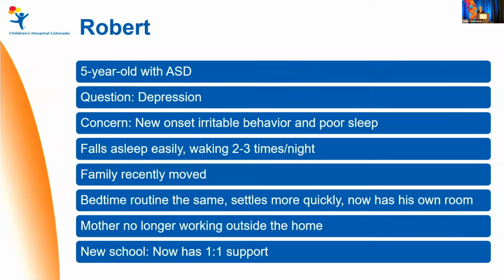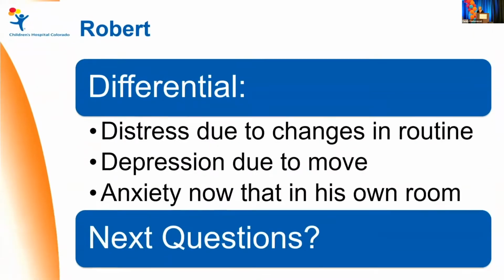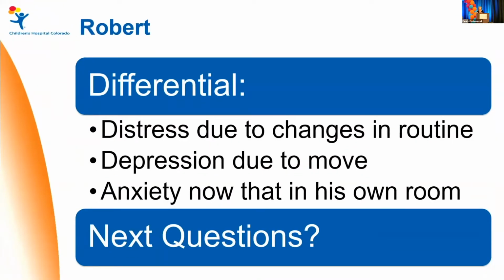It's actually a really good school where he has more one-to-one, but he's really had this new onset of being really irritable and having trouble sleeping, which could actually be depression. But when you ask more questions, you think about, well, is this a change in routine? We moved, anxiety about being in his own room.